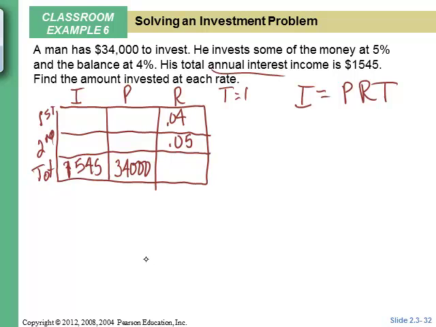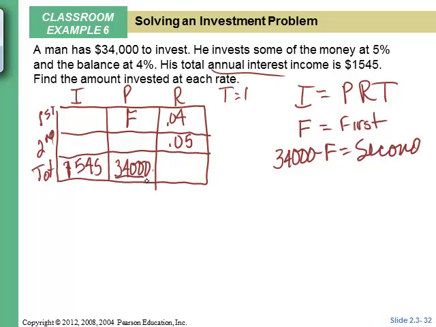We can't fill any of the other numbers in until we get a little bit more information. Let's call the first amount F for first. Then the second amount is 34,000 minus the first amount.